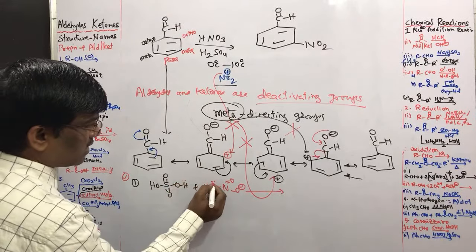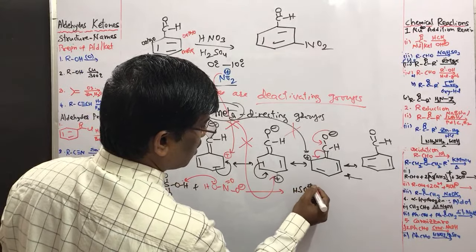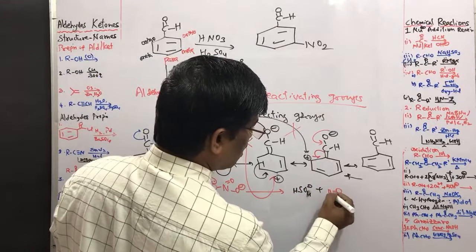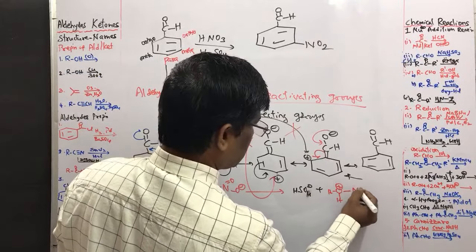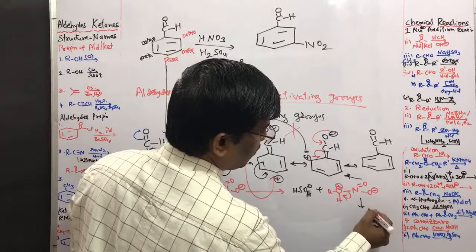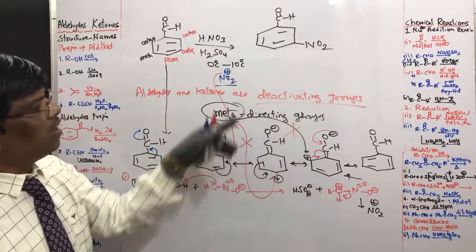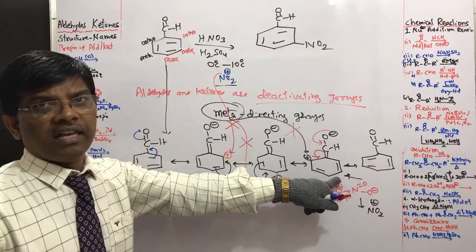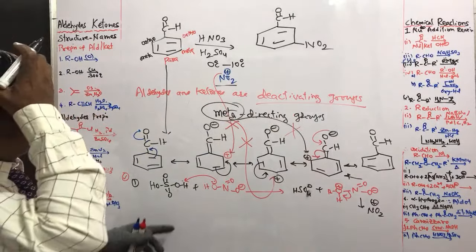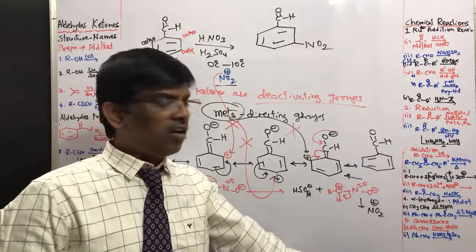It gives H plus ions to form HSO4 minus, plus this O, hydrogen, hydrogen, and NO2, O minus, and it loses a water molecule to give NO2 plus. This is the electrophile which is going to attack the meta position. Yes students, so this meta-nitrobenzaldehyde is going to be formed in aromatic electrophilic substitution reactions of aromatic aldehydes and ketones.